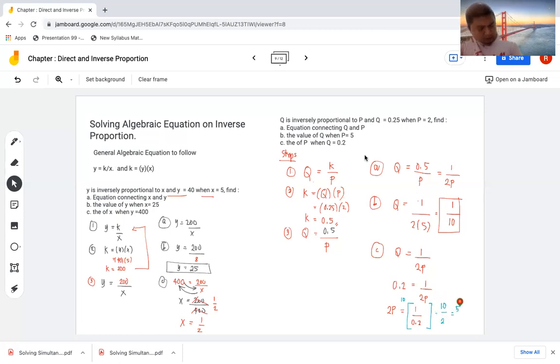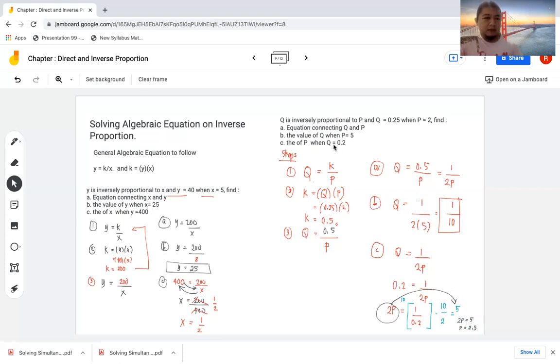So that means 5 is equivalent to 2P. Let me just highlight this one. 2P is now equivalent to 5. And for us to get the value of P, all we need to do is to find it using that equation. So if 2P is equivalent to 5, then P is equivalent to 2.5.